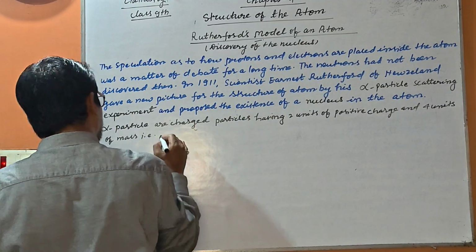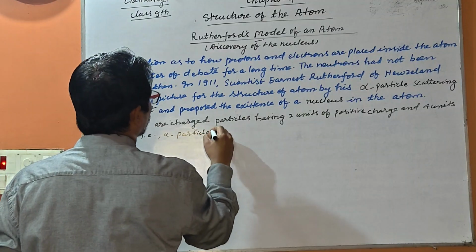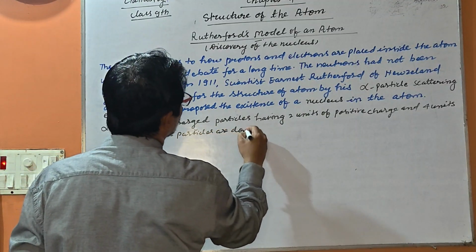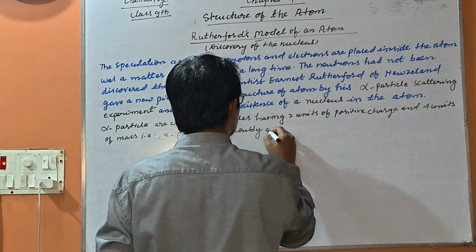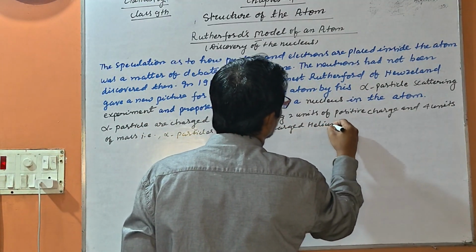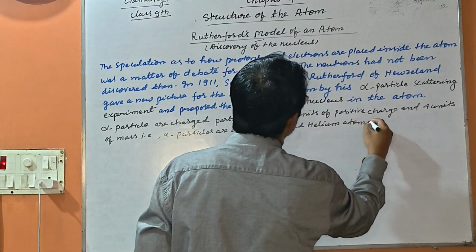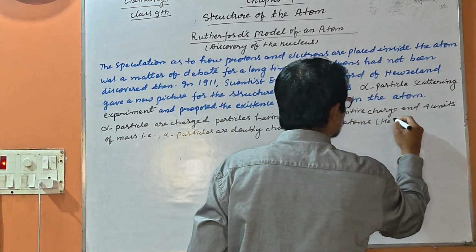That is, alpha particles are doubly charged helium atoms, that is He2+.